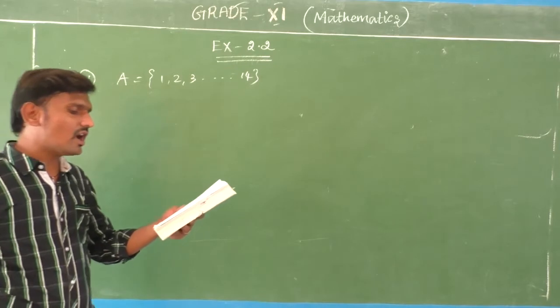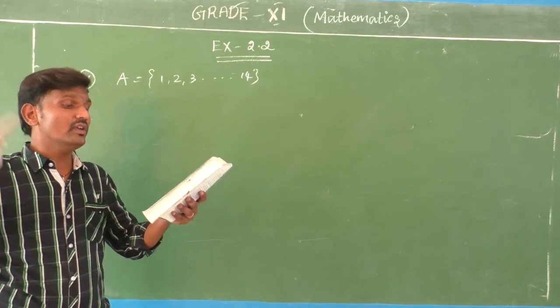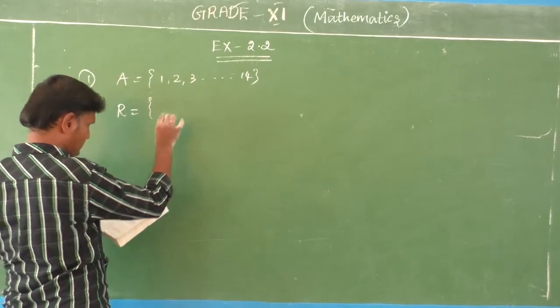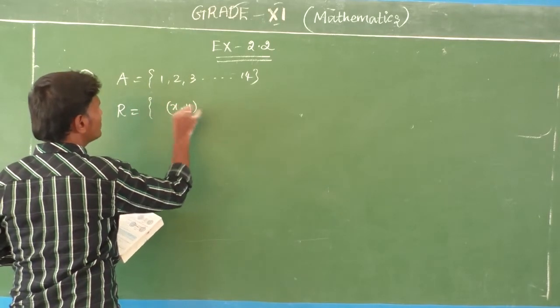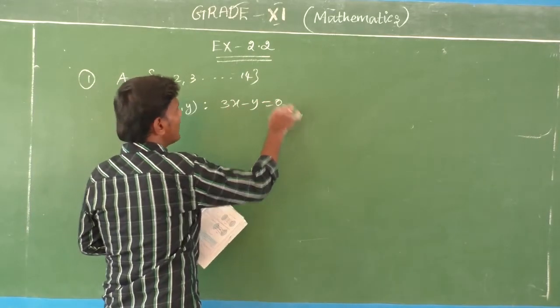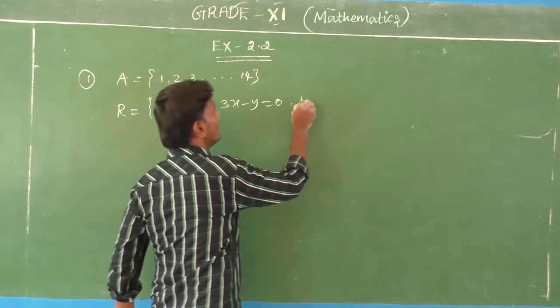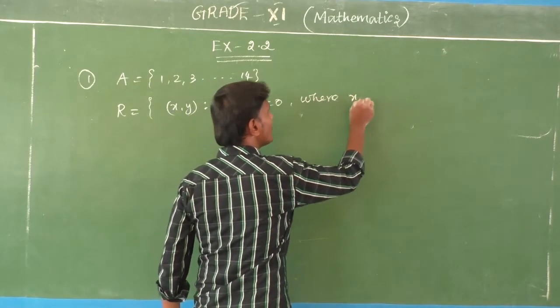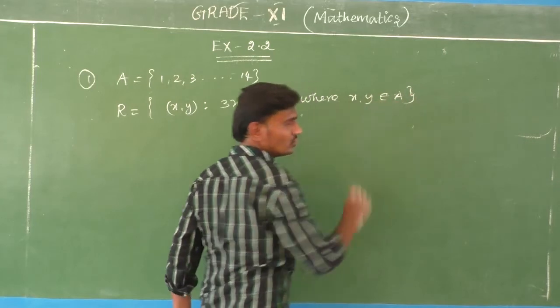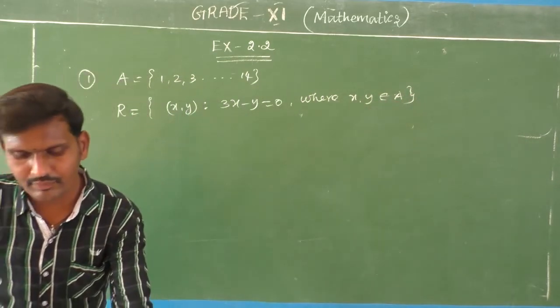Define a relation R from A to A. R is equal to {(x, y) such that 3x minus y equal to 0}, where x, y both belong to A.